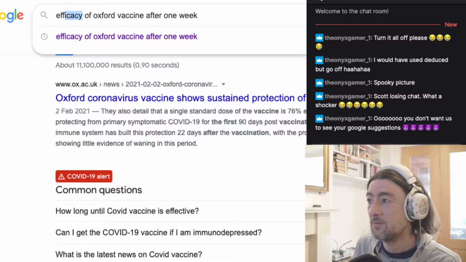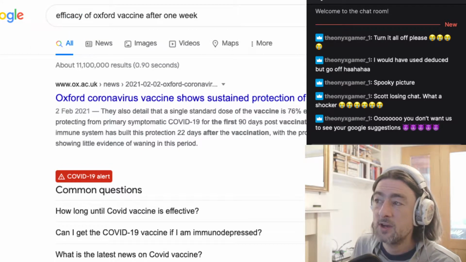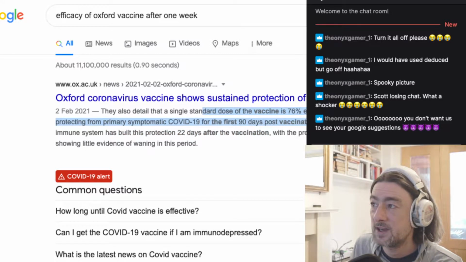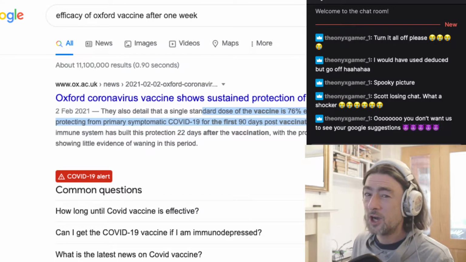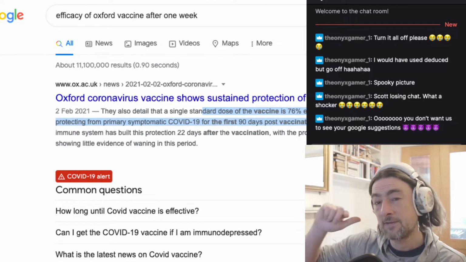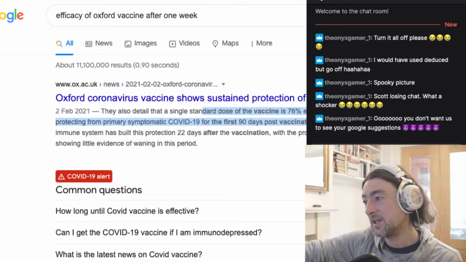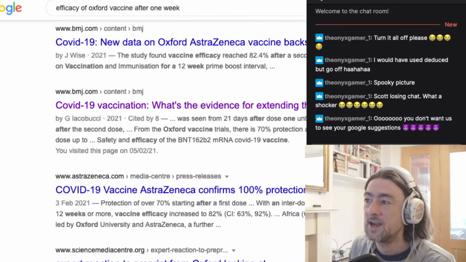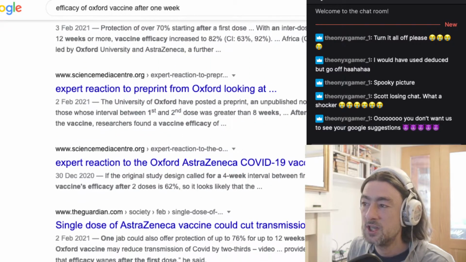So Google's bringing me these correct things, but they're not answering my question. It's telling me 22 days after the vaccination, 90 days after the vaccination. That's not what I want to know. I want to know one specific piece of data, the efficacy of the Oxford vaccine after 1 week. And what it brings me is a million websites that don't answer the question directly, that all feature the keywords.